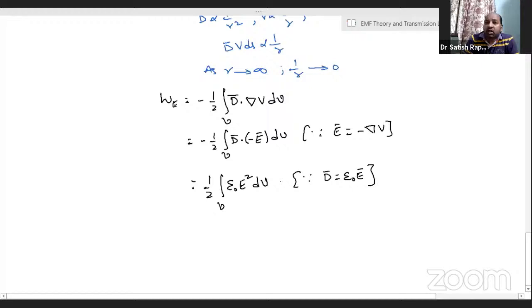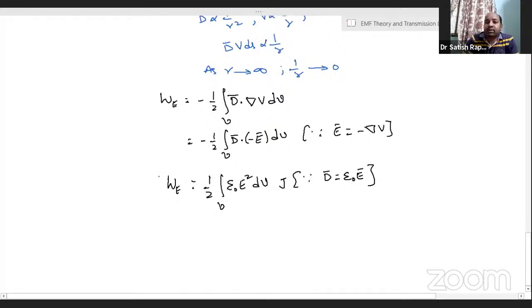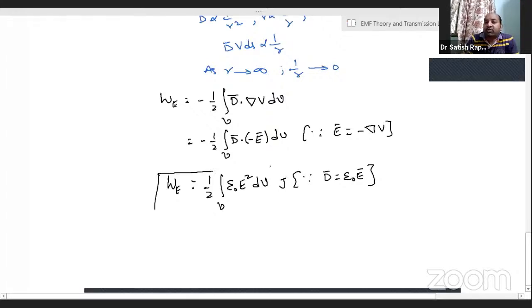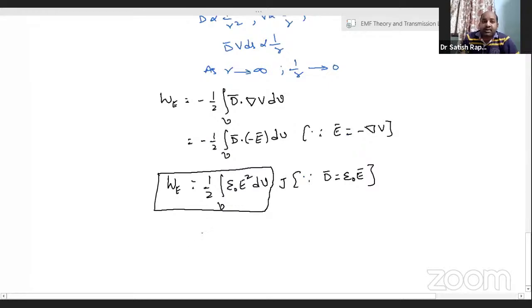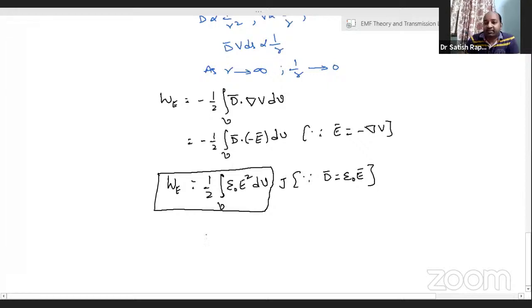So this is the work done, the units are joules, right? So therefore We is equal to half volume integral epsilon naught E square dv. This is the work done, or energy stored in an electric field.